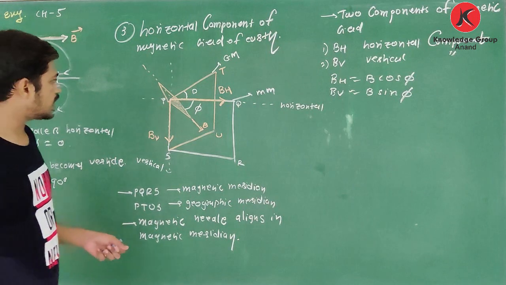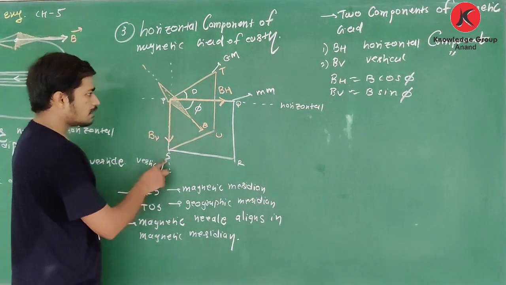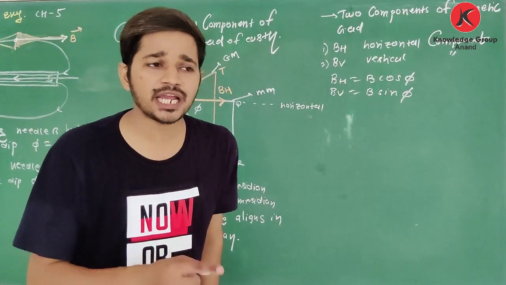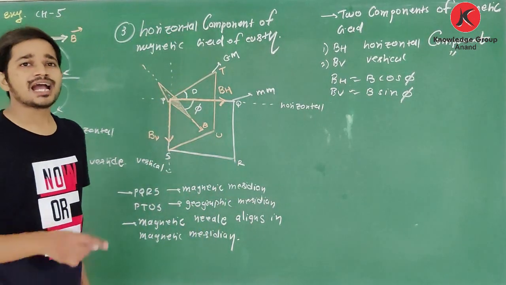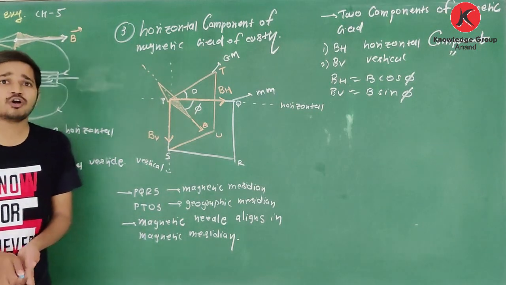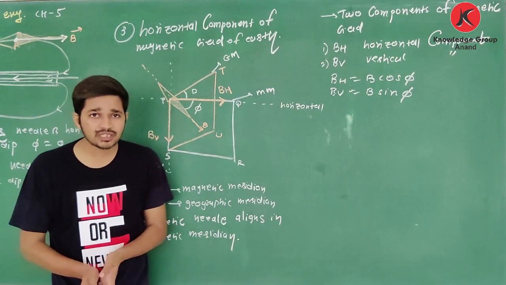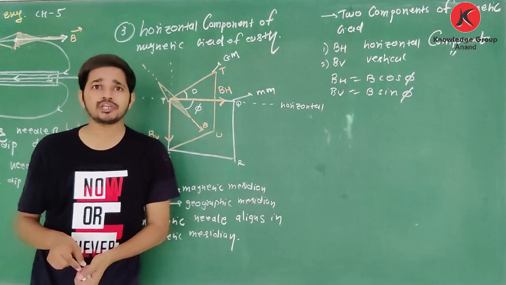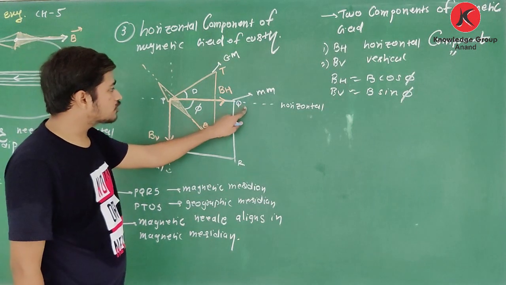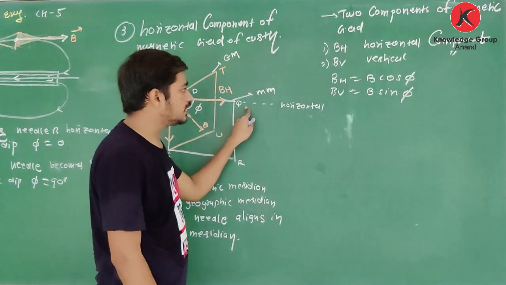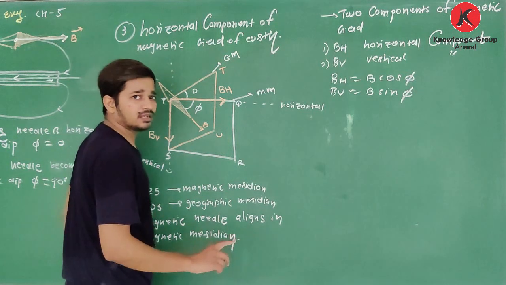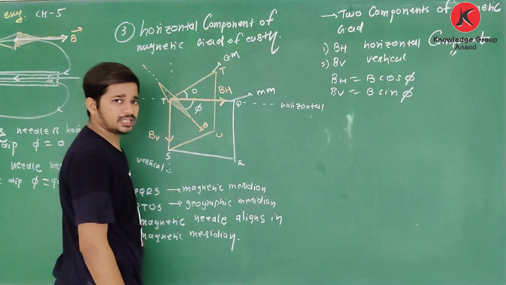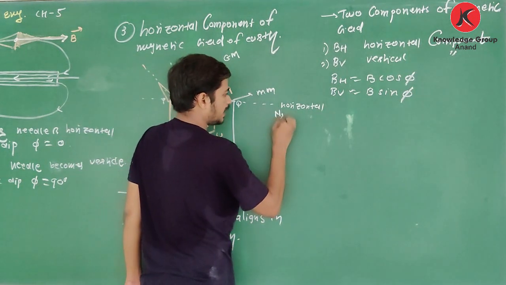Okay, now see, it is the magnetic field of Earth. It emerges from geographic south and enters geographic north. The magnetic field lines of Earth are from geographical south to geographical north. So yes, this horizontal component of the magnetic field is in the direction of magnetic north.